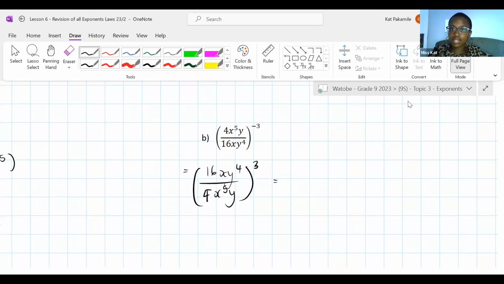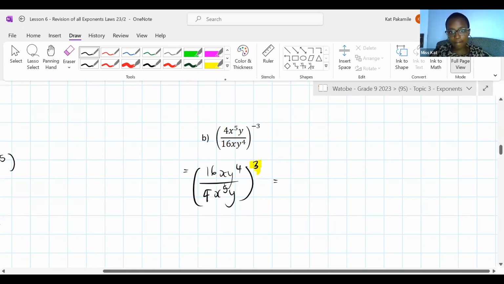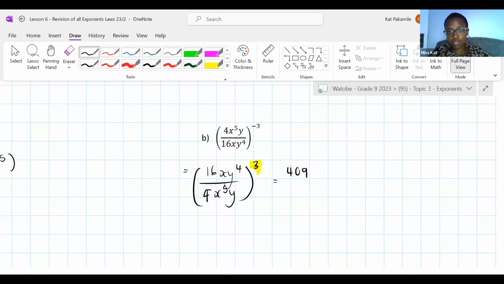First check inside the brackets. Can you simplify anything inside? This could be a problem, but let's do it your way first. So you distributed the 3, right? Yes, to 16, so the answer is 4096.